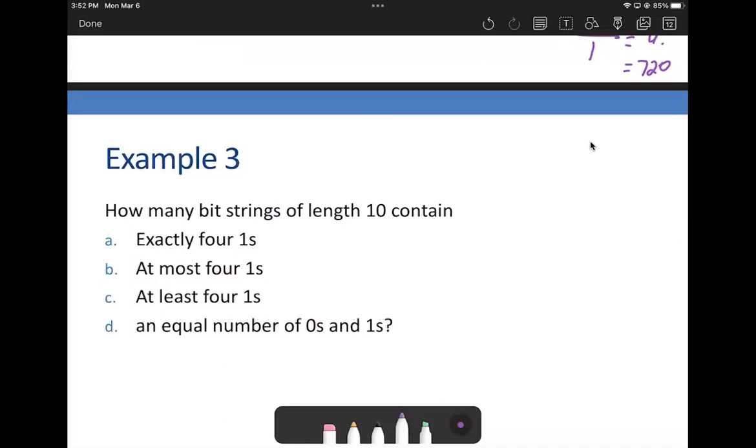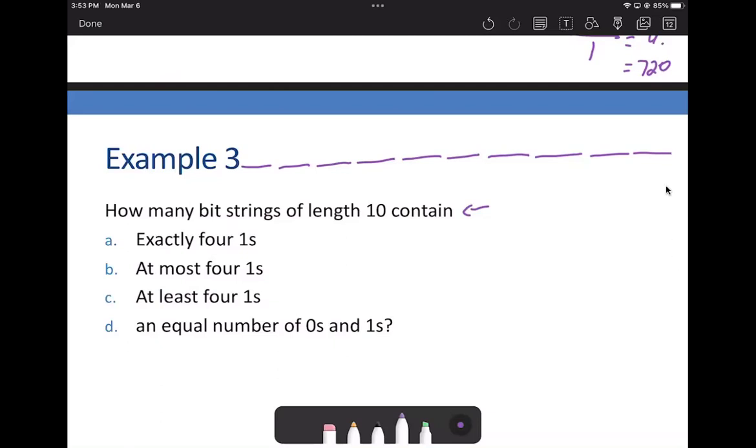Okay, now let's have another example. Last na lang ito. We have 8 minutes left. So para medyo complex naman yung example. So first is, how many bit strings of length 10 contain exactly 4 ones? How many possible bit strings of length 10 can we have?